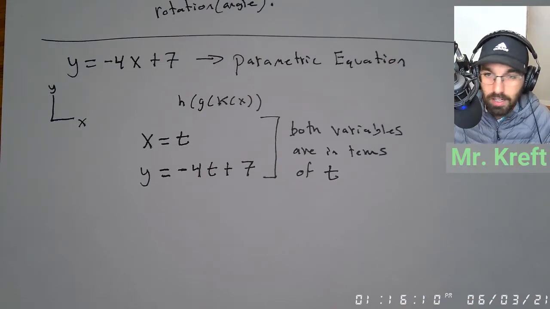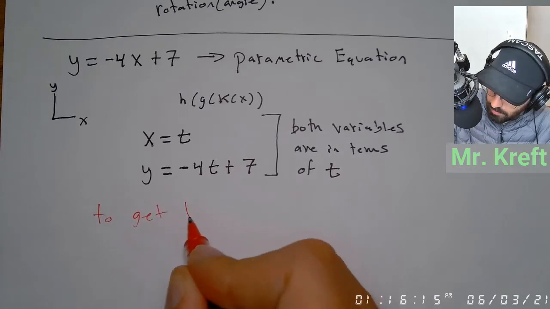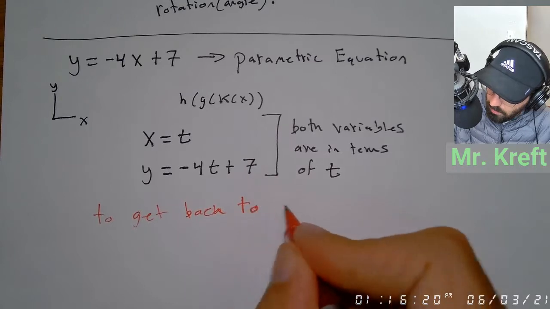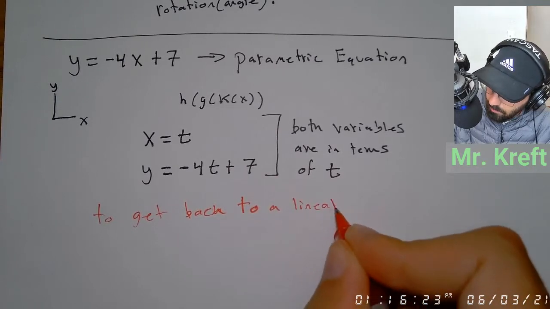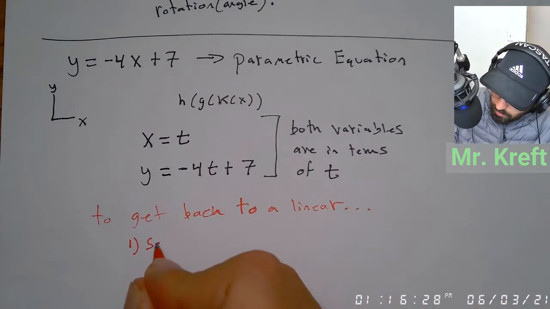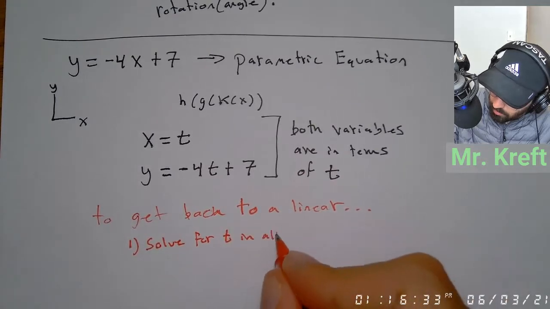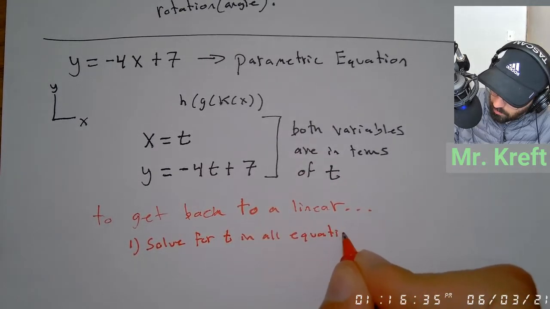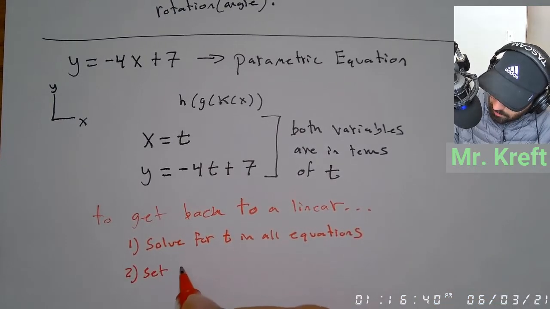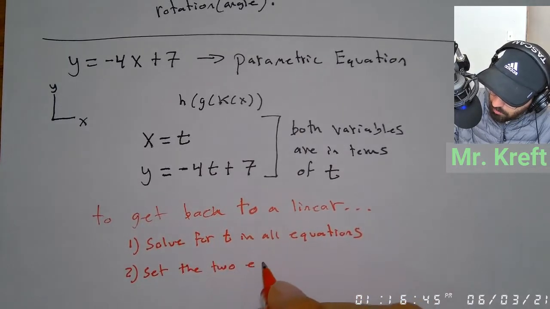So to get back to a linear, we're going to solve for t in all equations, and then set the two equations equal.